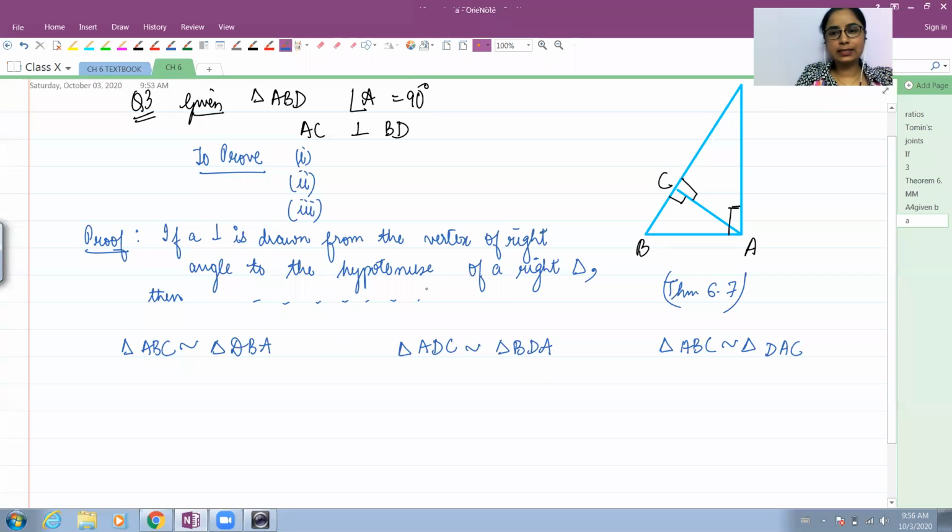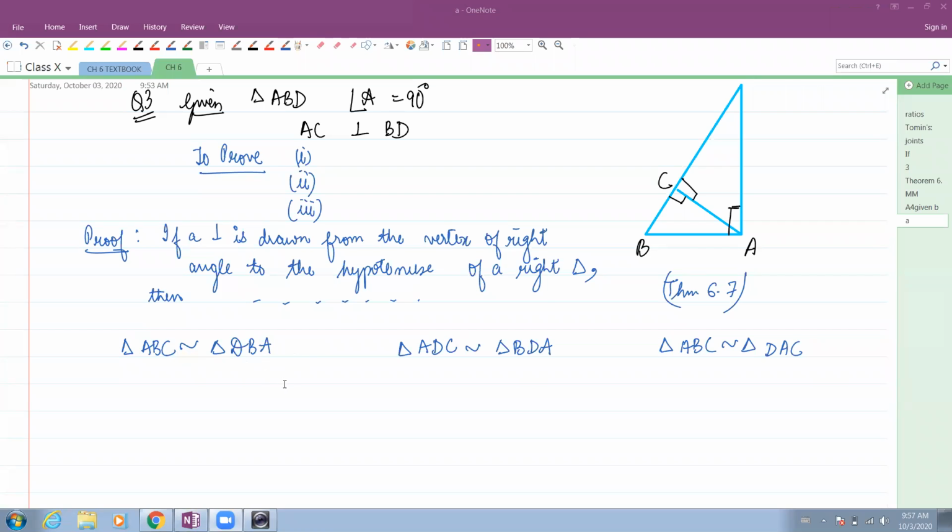You can even fix it later. Now I'm going to write down the pair of similar triangles, the sides with equal ratio.